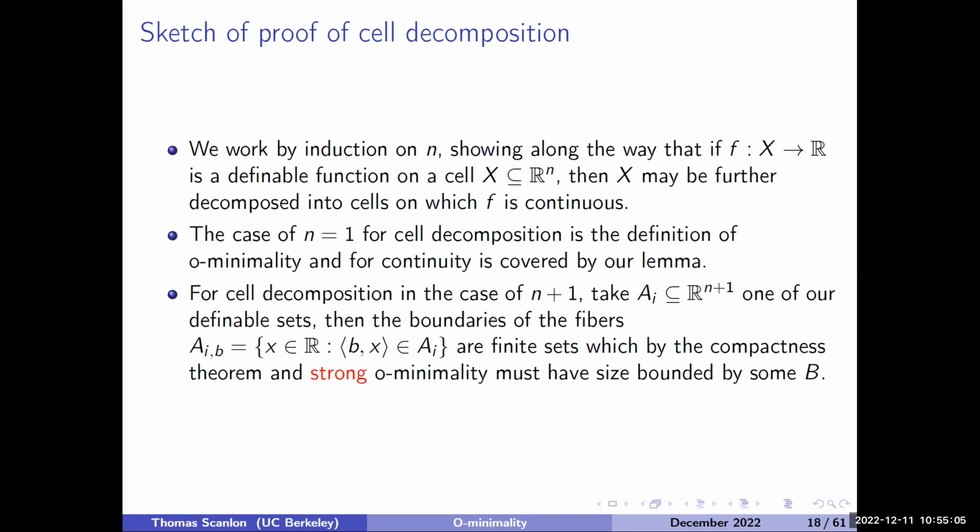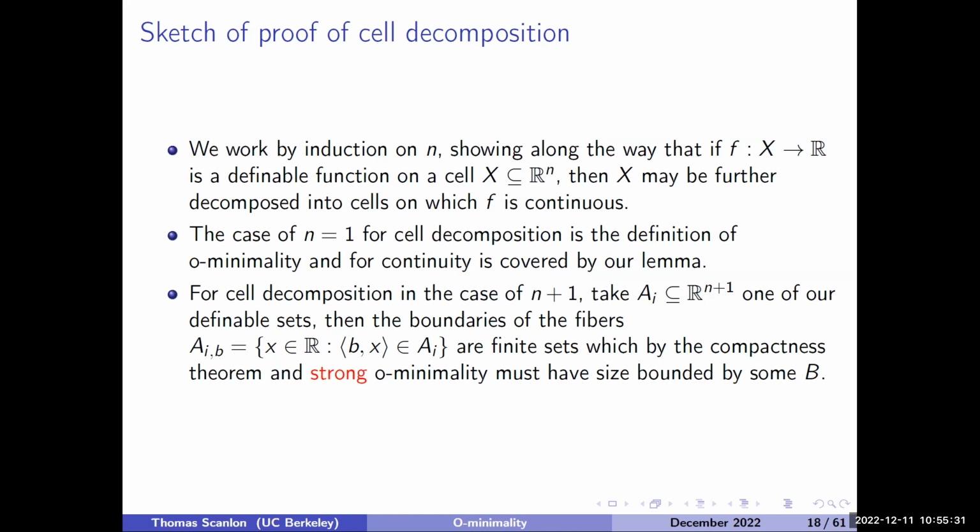There's all this stuff here. And say, great, these projections are definable. I can cell decompose this. And you do. So you've got points, you have this interval, this point, that interval. And then over each of these points, the boundary of the sets above is finite.